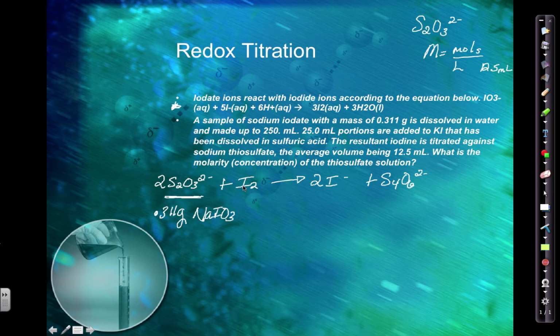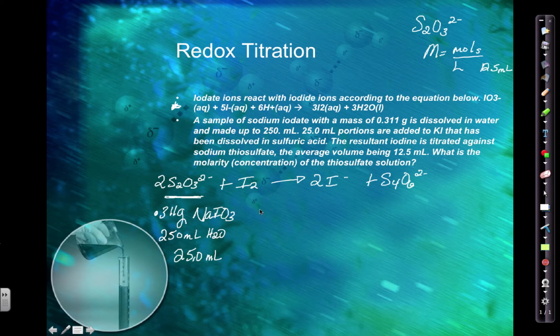And then in the second reaction, I'm reacting the thiosulfate with the iodine. So I'm starting with sodium iodate here. It also tells me that I dissolved this into 250 milliliters of water, and then I only used 25 milliliters when I did this. So I actually only used a portion of the iodate ions.